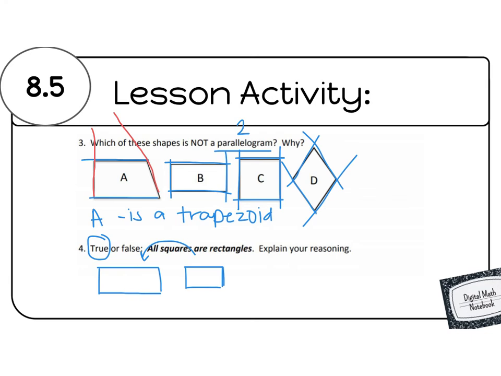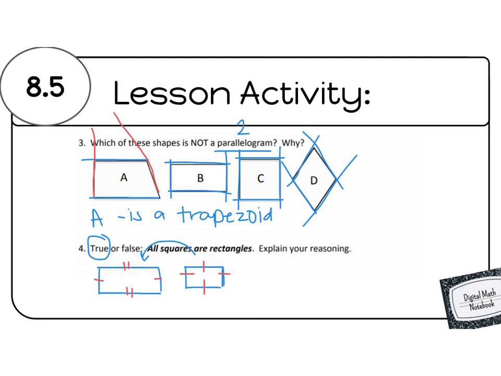It has 4 sides, it has 4 angles, it has 2 pairs of parallel sides, it has 90-degree angles. But the thing that makes it different is that all these sides are equal, whereas on a rectangle you have 2 sides that are equal and 2 sides that are equal. So it is true that squares are rectangles, but rectangles aren't squares.